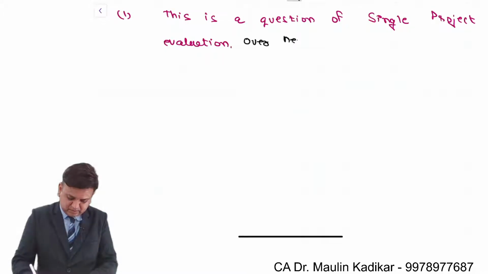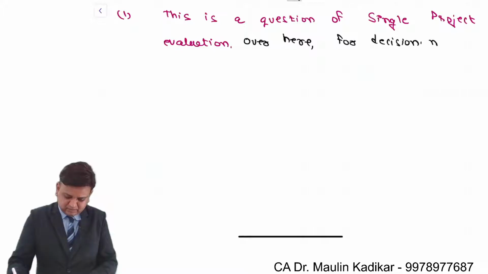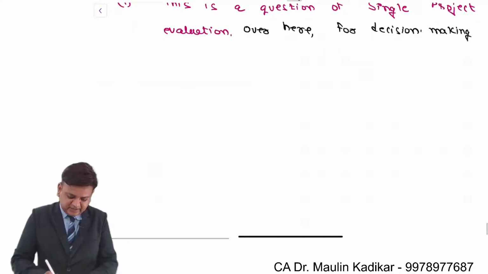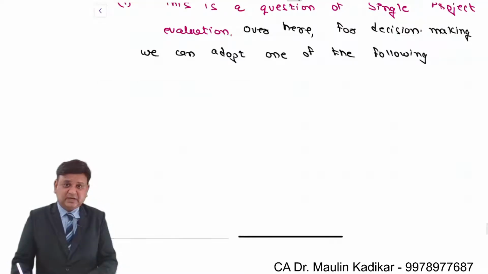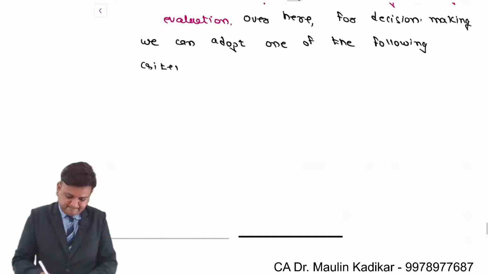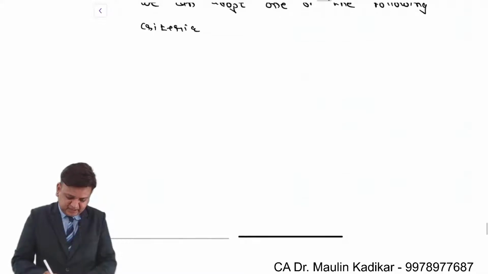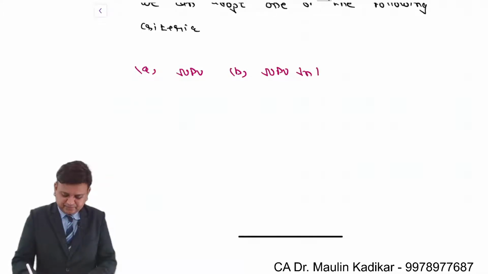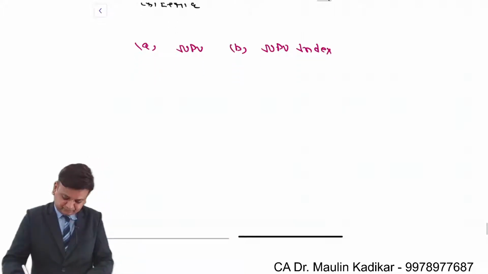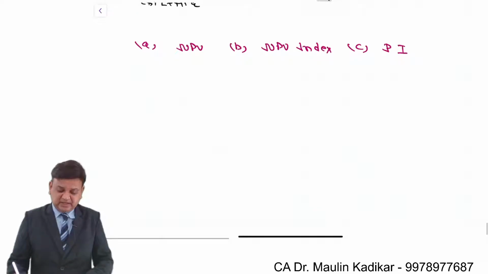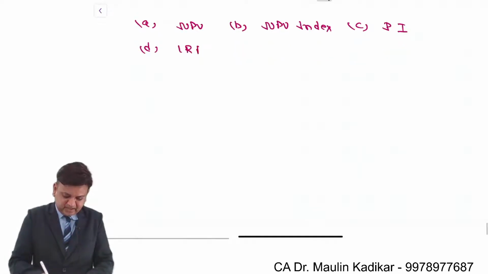Over here, for decision making, we can adopt one of the following criteria. A. NPV. B. NPV index. C. PI. D. IRR.